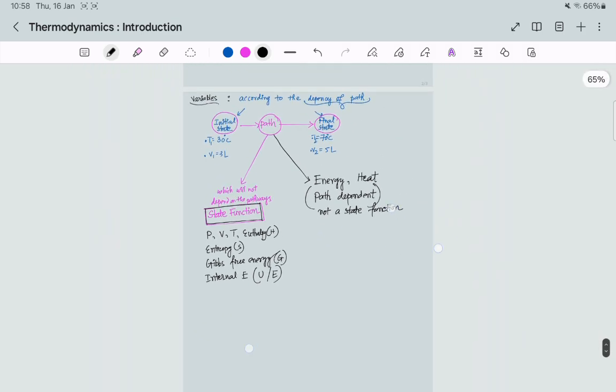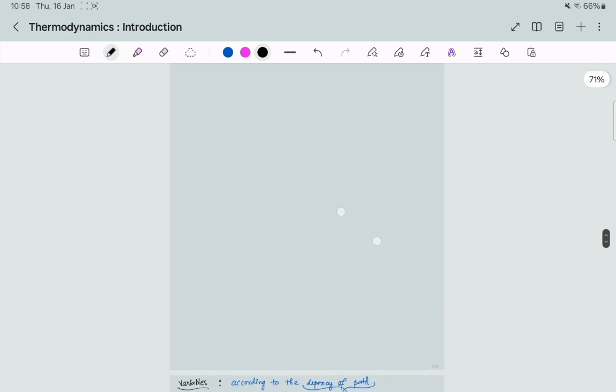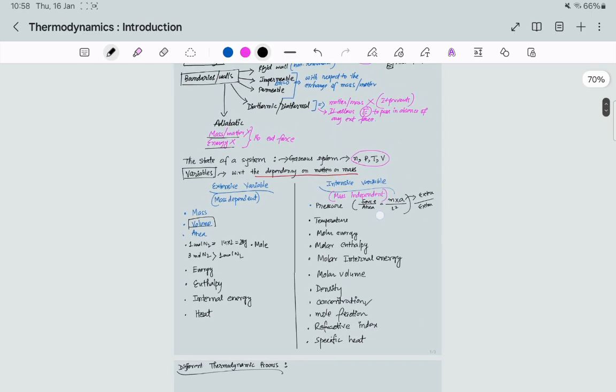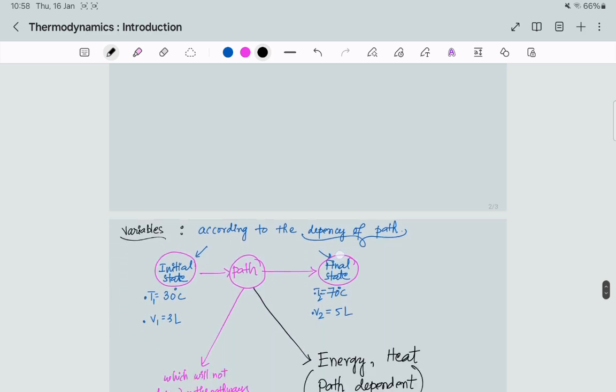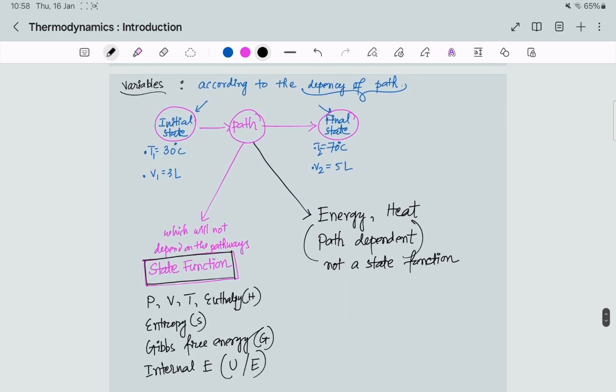Don't get confused with state function and intensive extensive property. They are two different things. When we are classifying the variables with respect to the dependency on matter, then the two parts are extensive and intensive. But when we are classifying the variables with respect to the path, for example, you are changing, so the values will also change, right? But the change sometimes depends on the path, sometimes it does not.